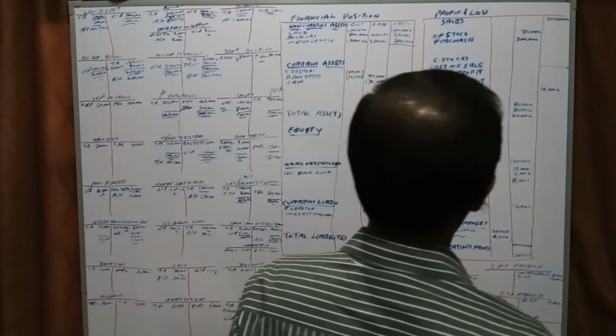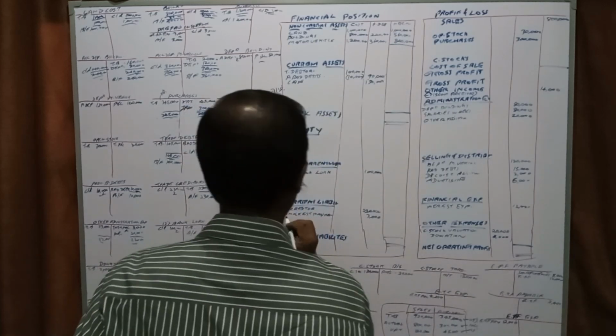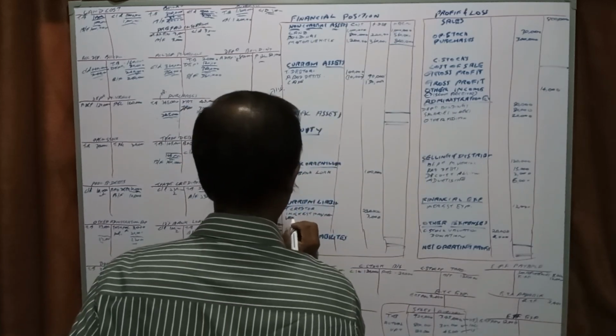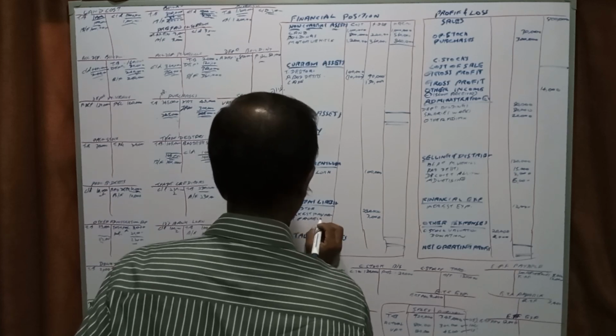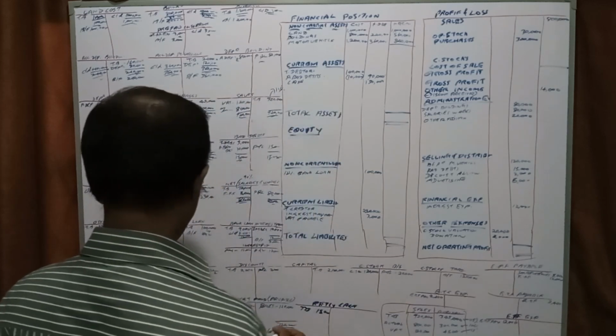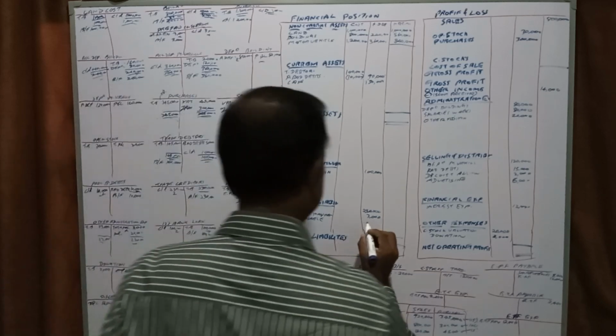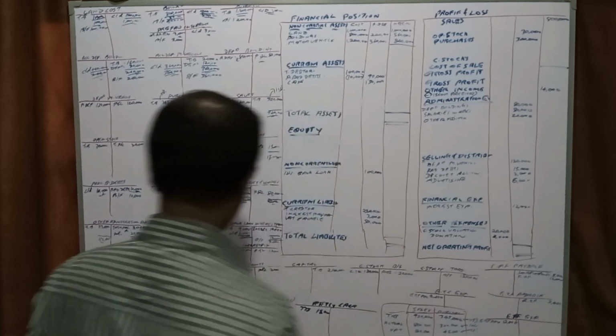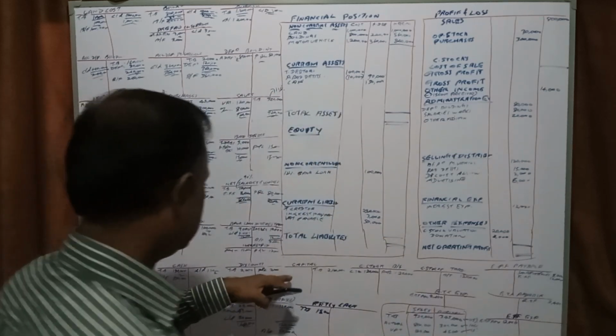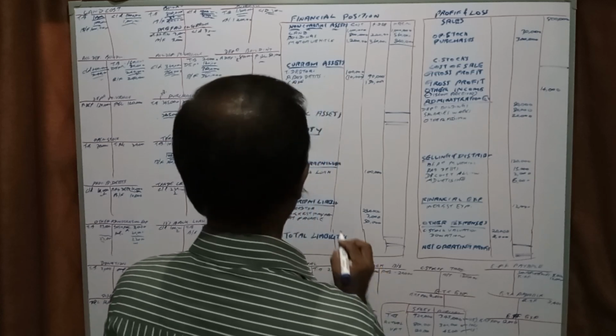VAT payable is a current liability. VAT payable is 50,000, right? VAT payable.